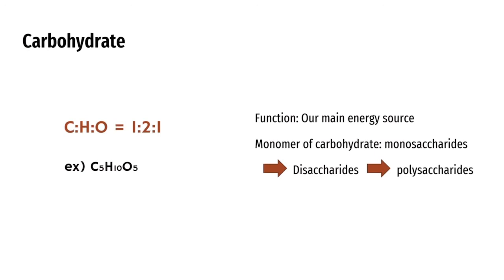The function of it is our main energy source, and the monomer, what we just talked about, of carbohydrate is monosaccharides. If two monosaccharides bond together, that is disaccharides, and if more than two are linked together, that is polysaccharides. Among them, let's take a look at the first one, monosaccharides.